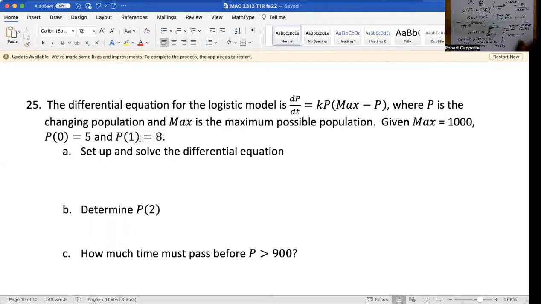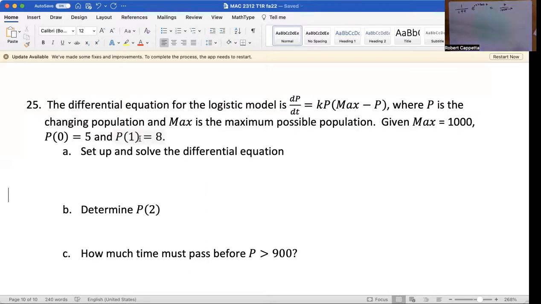So what was the other question that we were asked? How much time must pass before p is 900? So we're looking at our equation again, and we're going to set p equal to 900 and find out what t has to be. So our equation here is 1 over 199 e to the 0.47302t equals p over 1,000 minus p.